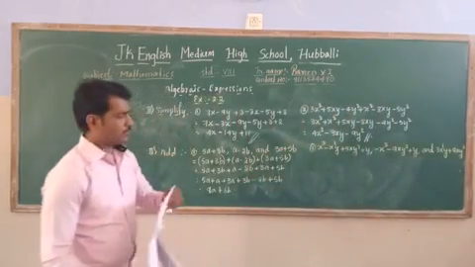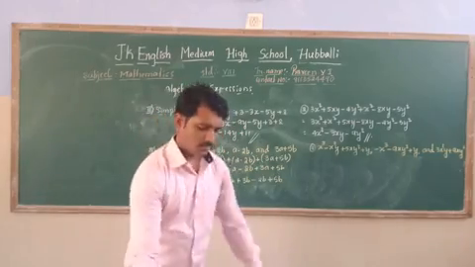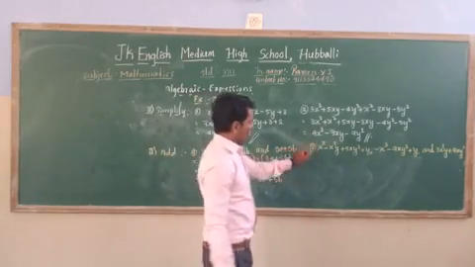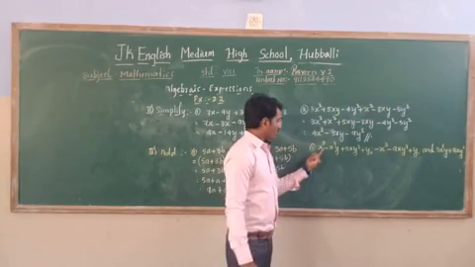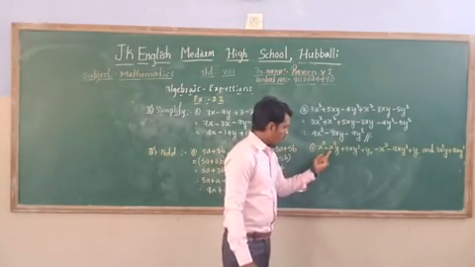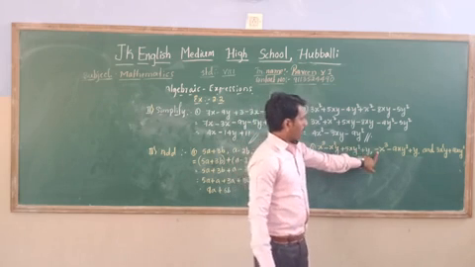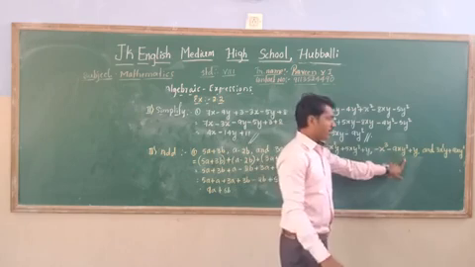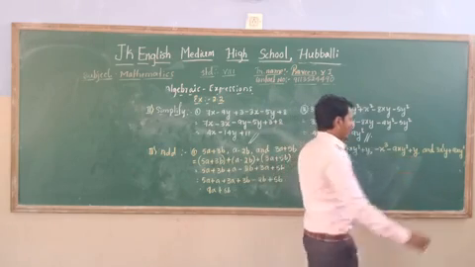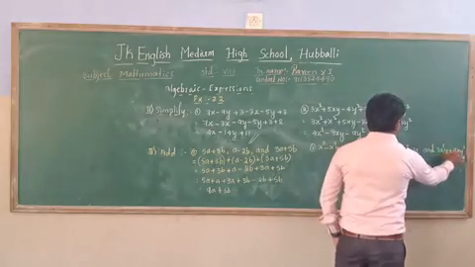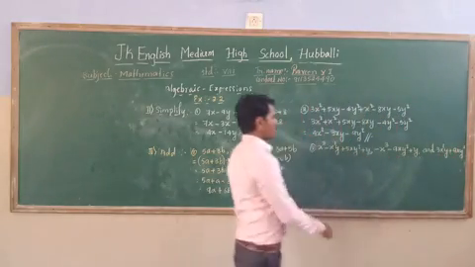Can you see the terms? First one, 3x cube minus x square y plus 5x y square plus y, minus x cube minus 9x y square plus y, and finally 3x square y plus 9x y square.